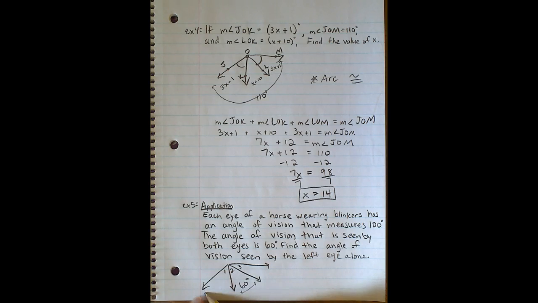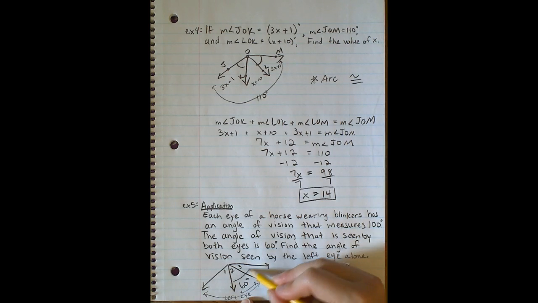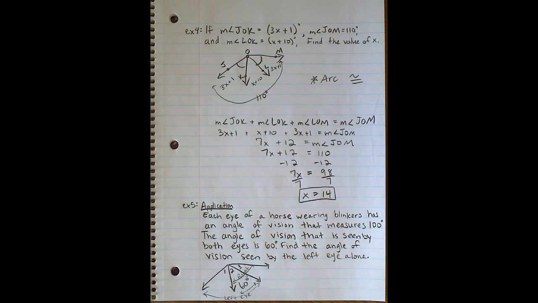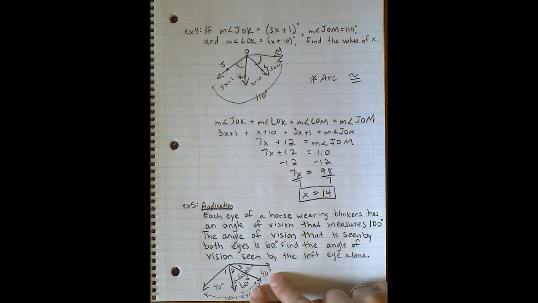Each eye, so the left eye can see 100 degrees, and the right eye can also see 100 degrees. So that leaves 40 degrees on each section remaining, because these two have to total to 100. Those also need to total to 100.